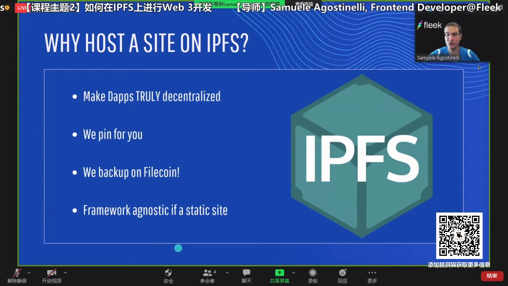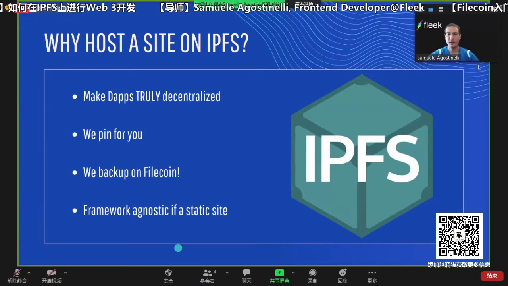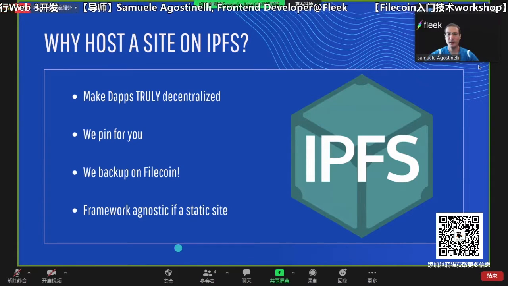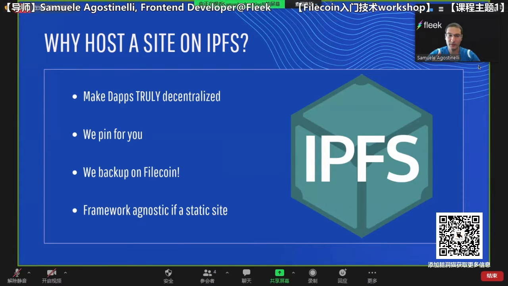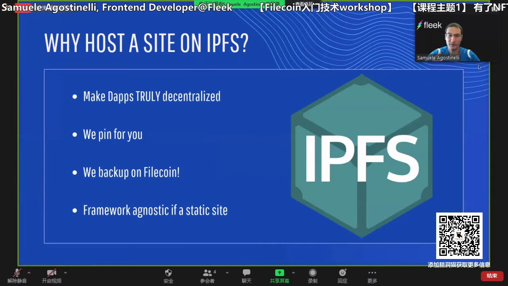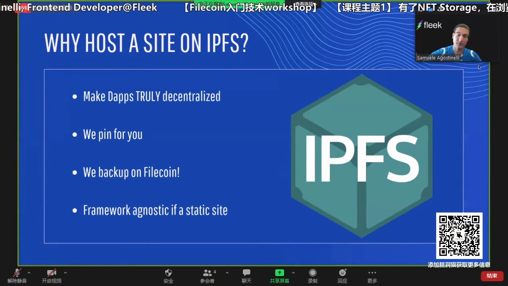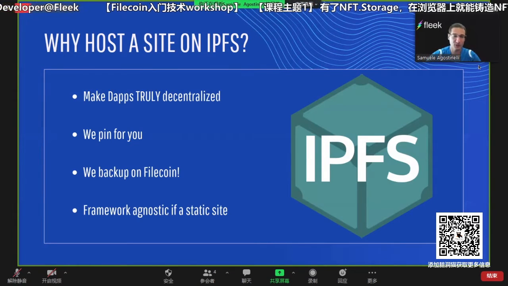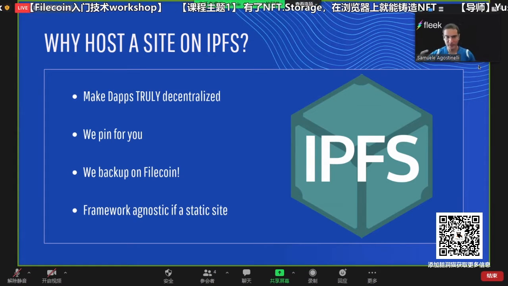There's no server that runs some logic. So that's why only static sites can be deployed on Fleek and IPFS. And like I said, framework agnostic, whatever static site framework you're using, all you got to do is build your site, and whatever is output, you publish that. So whether you use React, Jekyll, Hugo, you can deploy everything provided the right settings.